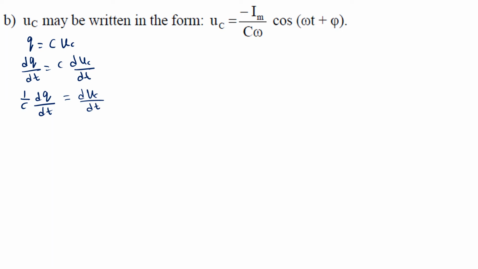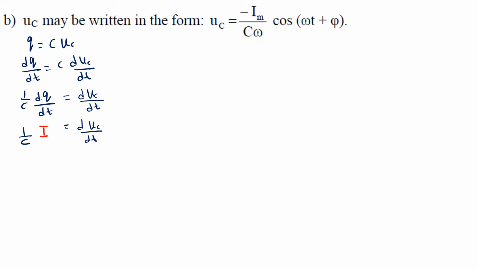Now in 1 over C, I will replace dQ by dt by i, because i is equal to dQ by dt. So we have 1 over C times i equals dUC by dt.